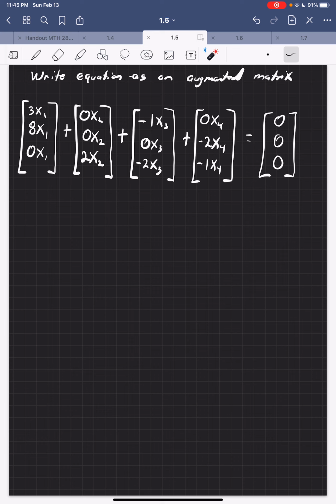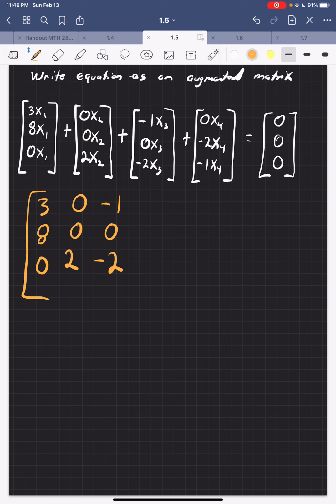Now you'll be able to see why you could have skipped this step, but the matrix that's going to be created is made up of the coefficients attached to those weights. So the matrix looks like this. I'll go column by column: 3, 8, 0, 0, 0, 2, negative 1, 0, negative 2, 0, negative 2, negative 1.